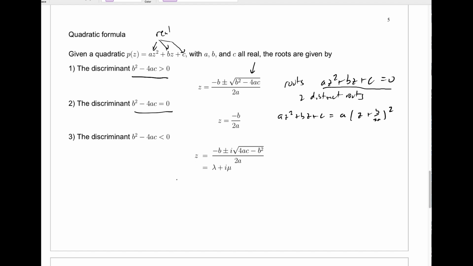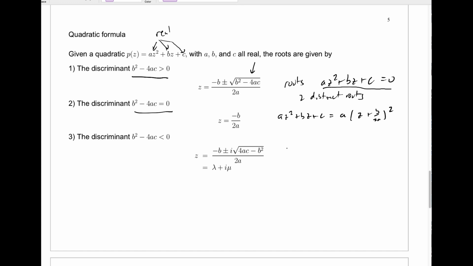But now that we're allowing complex numbers for z, I claim that when the discriminant is negative, just multiply the discriminant by minus 1. In other words, take its absolute value so that 4ac minus b squared is now positive, and the square root of 4ac minus b squared makes sense, and you'll get roots z equals minus b plus or minus i, the imaginary number here, i times the square root of 4ac minus b squared over 2a.